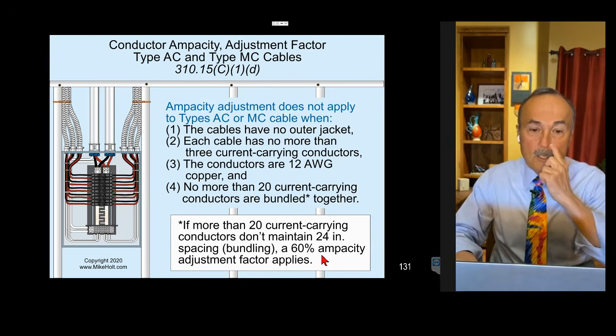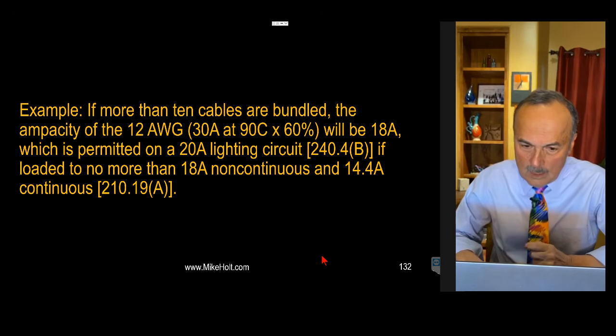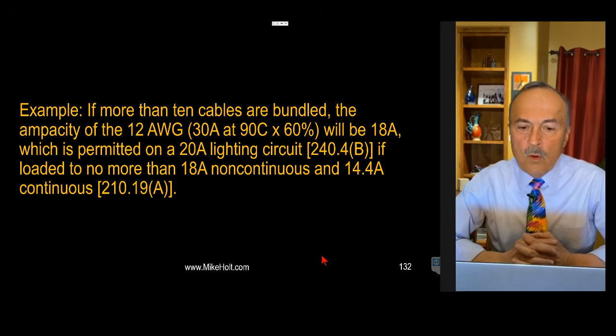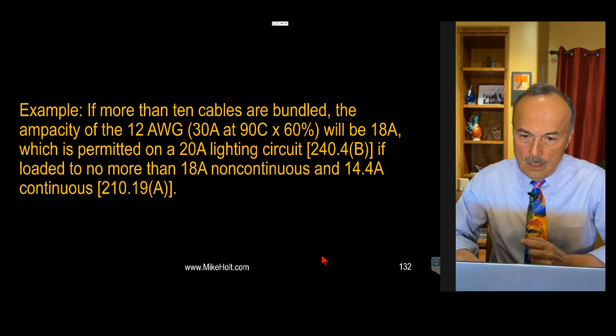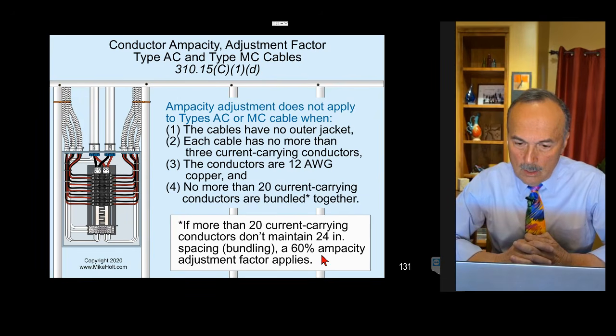All right, so now here's an example. If more than 10 cables are bundled, and I really shouldn't say that, I don't think it says 10 cables, does it? No, so I have to change my text. When more than 20 current-carrying conductors don't maintain separation, I think that's correct.